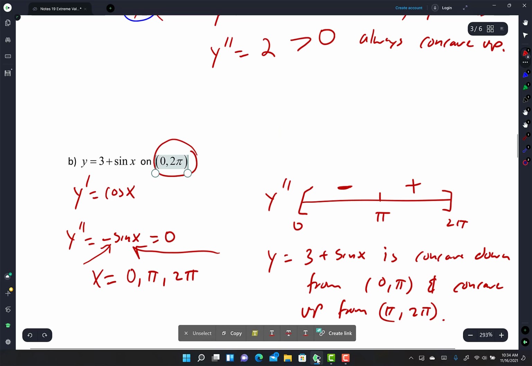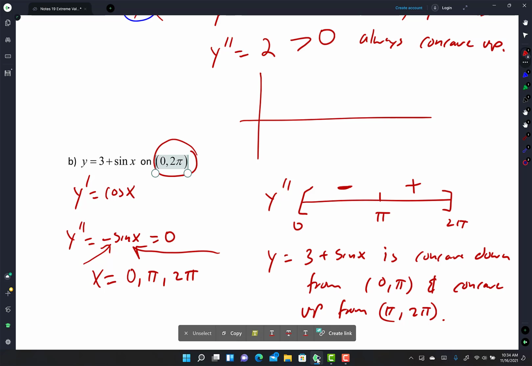And we know that because we know how sine x looks. I know this is 3 plus sine x, but I'm going to go ahead and just draw sine x for you guys. This was 0, this was pi, this was 2 pi.